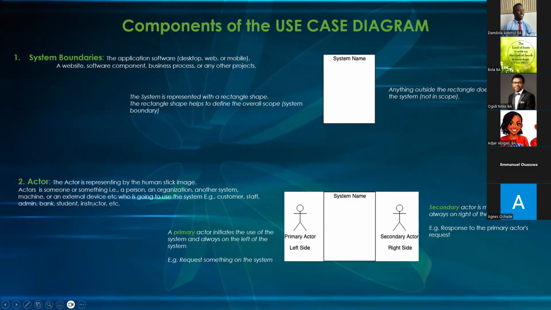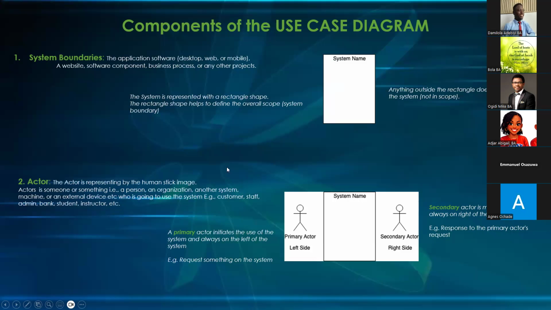Anything outside it is out of scope. Remember, I talked about in scope and out of scope, yeah? So the system boundary is simply the application that we're trying to build, for instance, the student loan process or student loan application. So the system boundary is simply represented by this rectangle box.